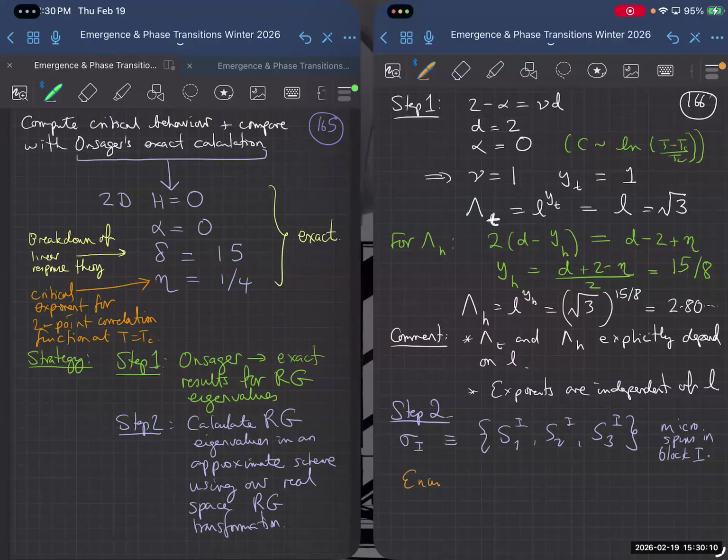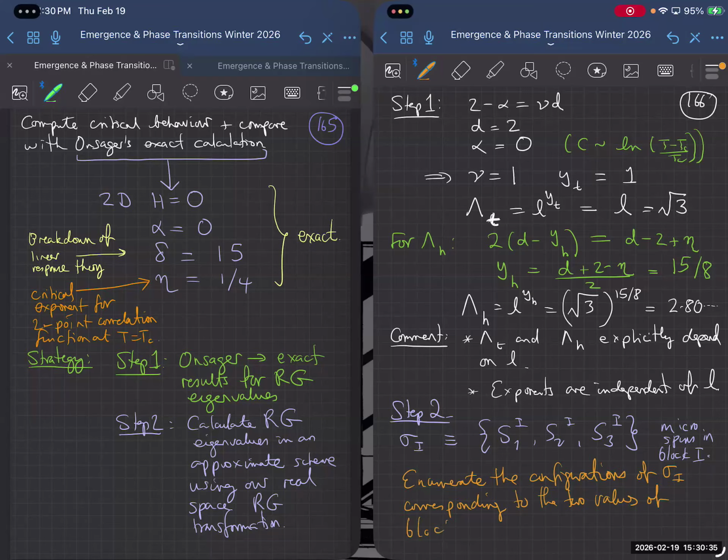and then what I want to do is enumerate the configurations of sigma I corresponding to the two values of the block spin Si.